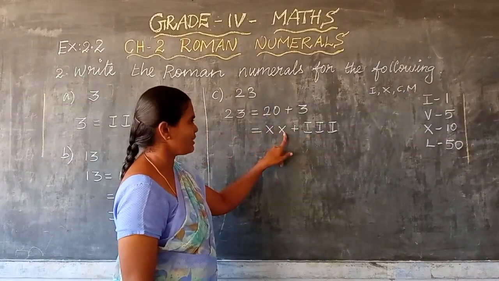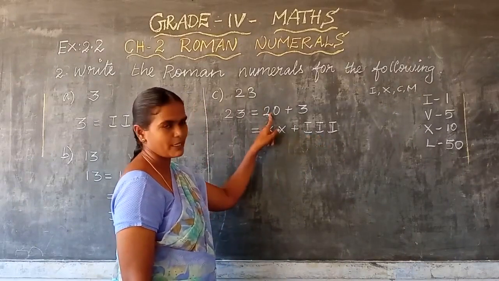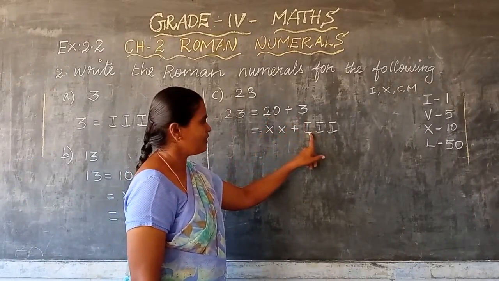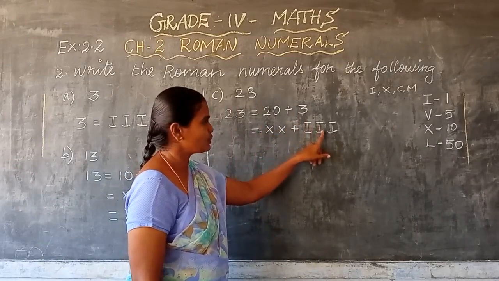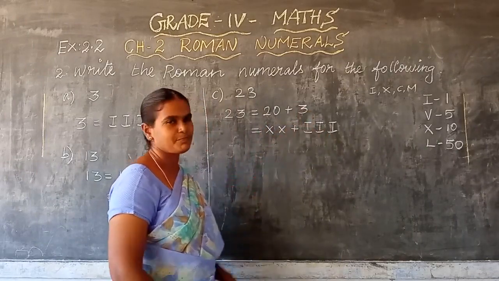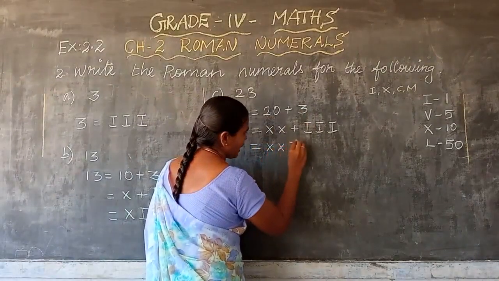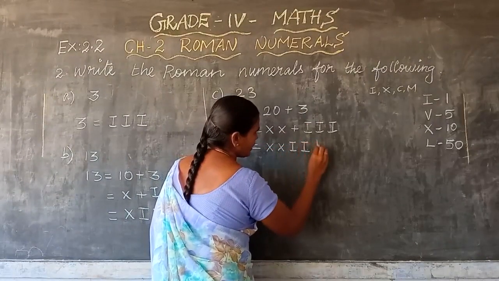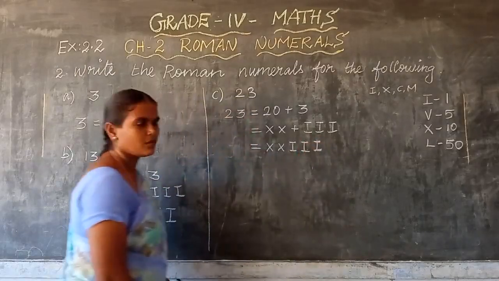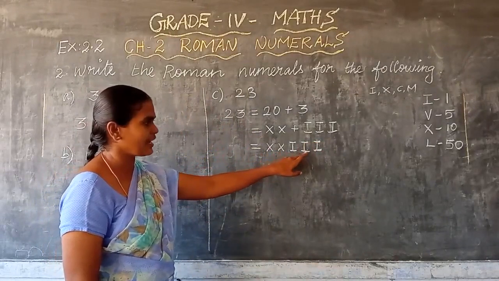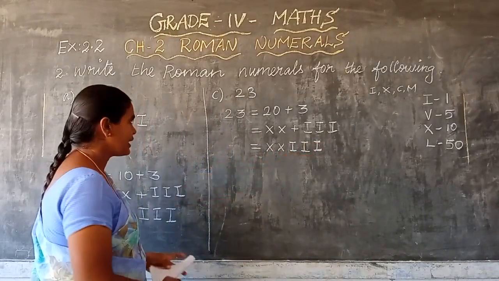So X means 10 plus 10, 20. 3 means I value 1. So 1 plus 1, 2. 2 plus 1, 3. Now your Roman numeral XXIII. Okay. So 23 means XXIII. Next B sum.